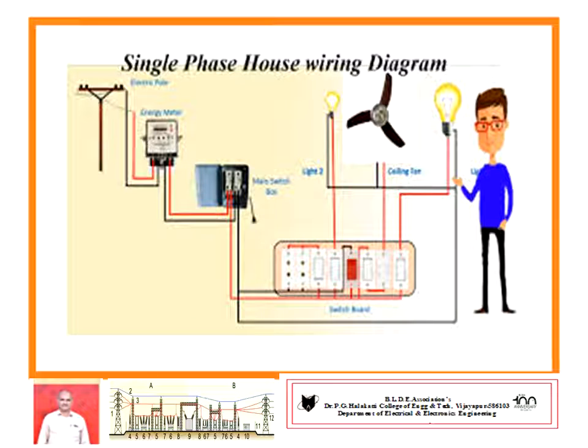Now you see a typical house wiring diagram as shown in the figure. Observe the connection from the pole to the energy meter. The wires from the pole to the energy meter are referred to as service wires. For single-phase consumers we use two wires, one phase wire and one neutral wire.